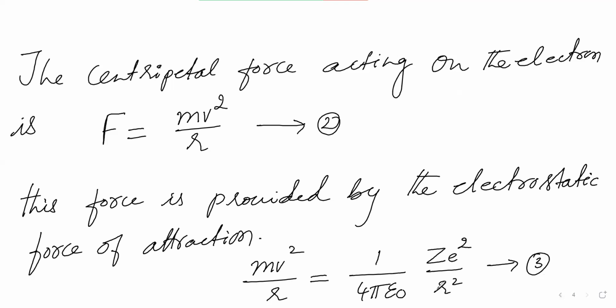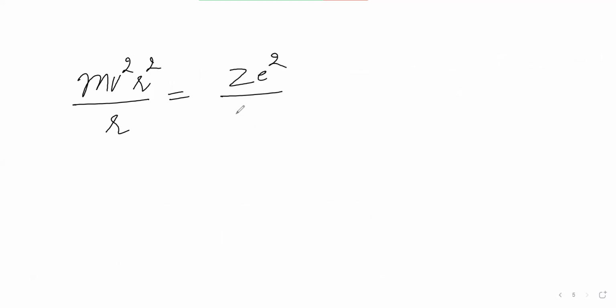Now what we can do is we can take this r square this side. Let us cross multiply to here. So we'll see in the next equation, mv square into r square whole divided by r equals Ze square divided by 4 pi epsilon naught.